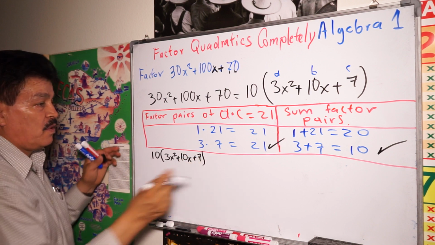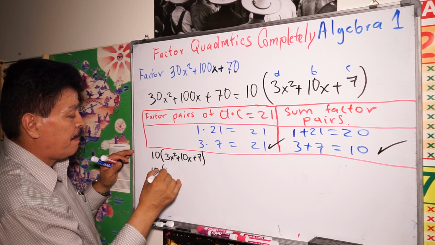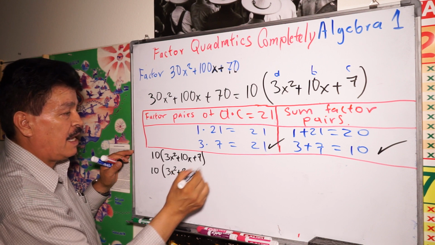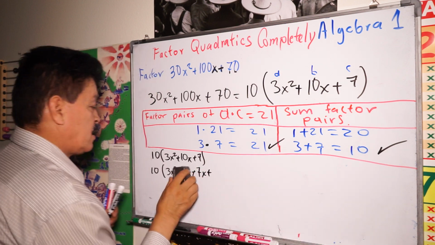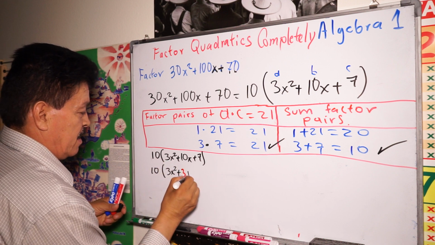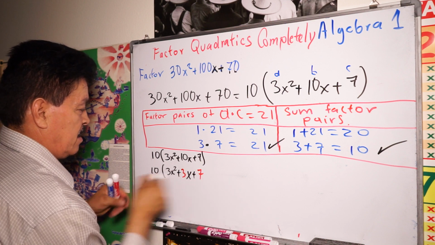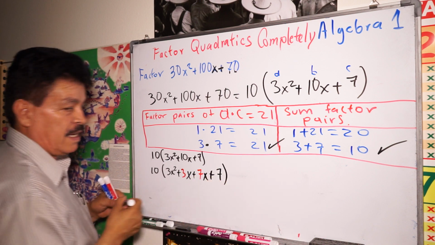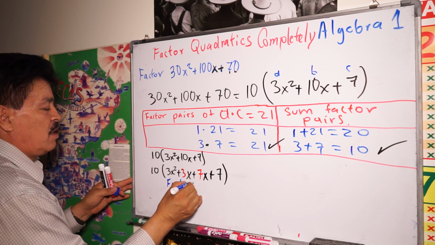Those numbers that we found, just write them like this: 3x squared plus 3x plus 7x plus 7. So now factor by grouping here.